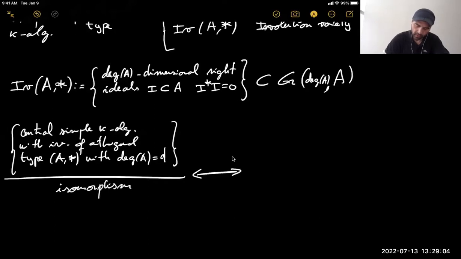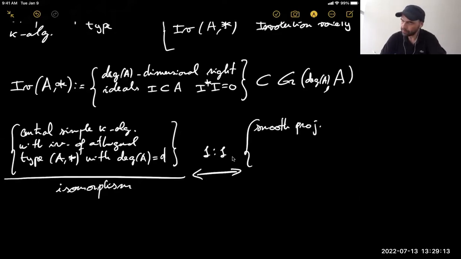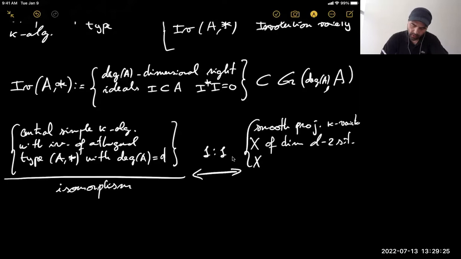Then we have this one-to-one bijection with, on the other side, we can look at those smooth projective K varieties X of dimension degree of D minus 2, such that when you base change to the algebraic closure of K, you get actually the unique possible quadric that you have over there, which is X squared D minus 1 equals 0, and this sits inside P D minus 1 of K bar.